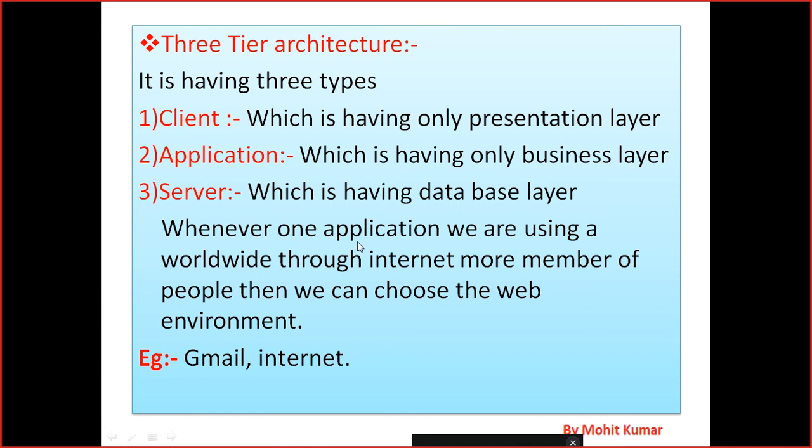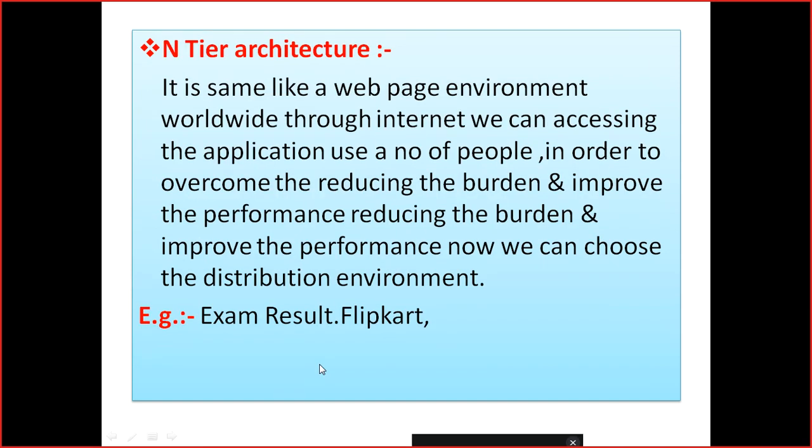Whenever an application is used worldwide through the internet by a huge number of people, then we choose this environment, like Gmail and the internet. This is the N-tier application. It is the same as the web environment, worldwide through the internet, where a huge number of people can access the application, in order to reduce the burden and improve the performance.